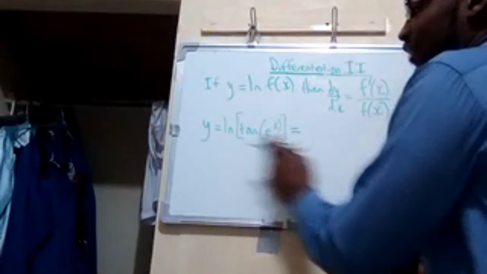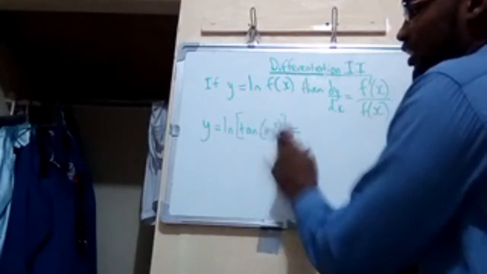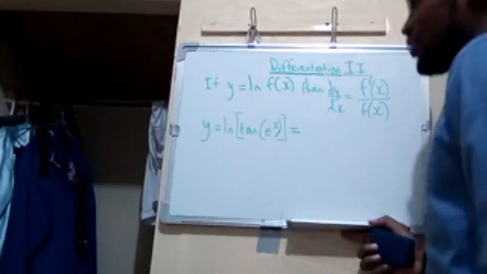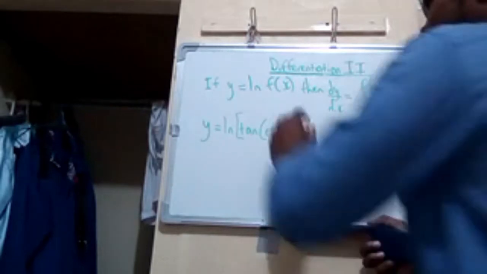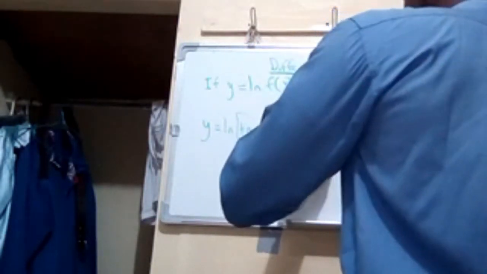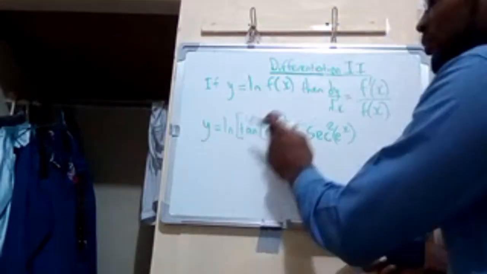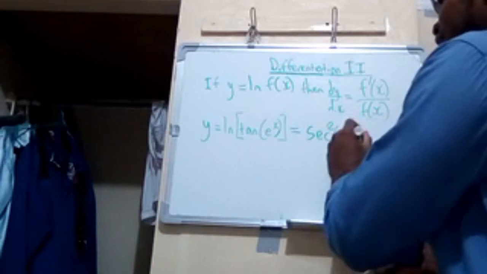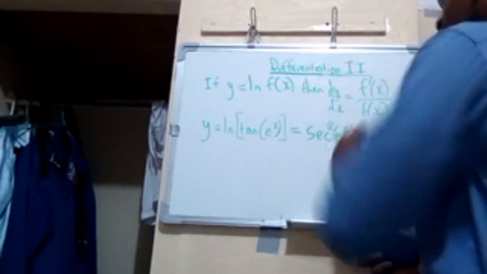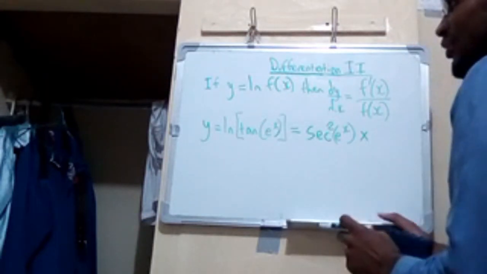And so dy by dx is equal to the differential. We need to differentiate tan e to the x first. When we differentiate tan, we get sec squared e to the x. But then we have to multiply it by the differential of e to the x, and the differential of e to the x is e to the x.